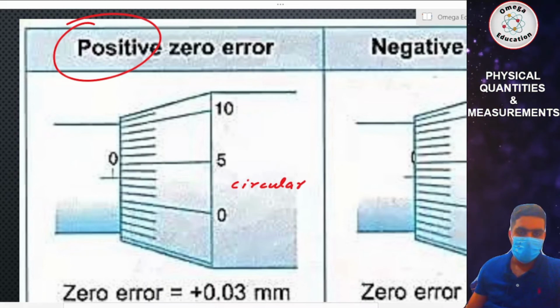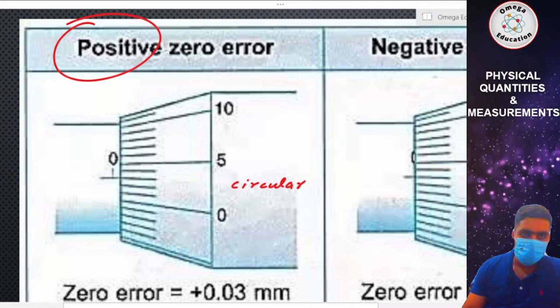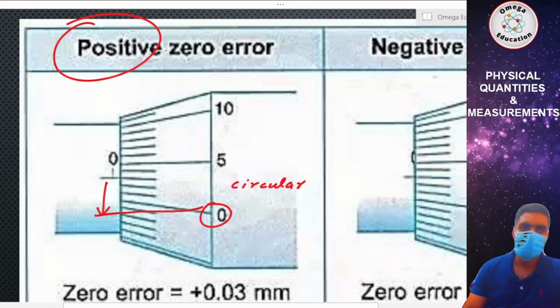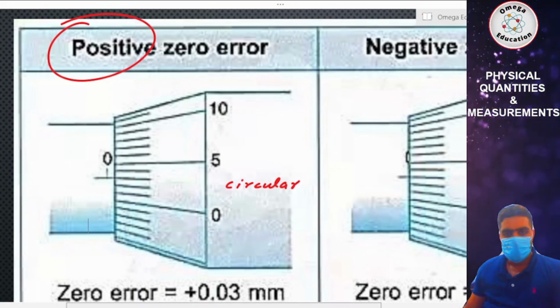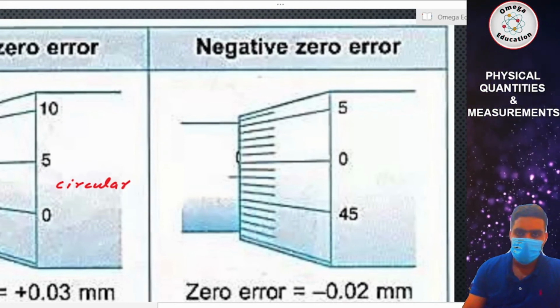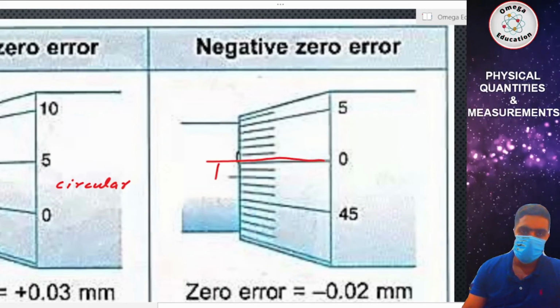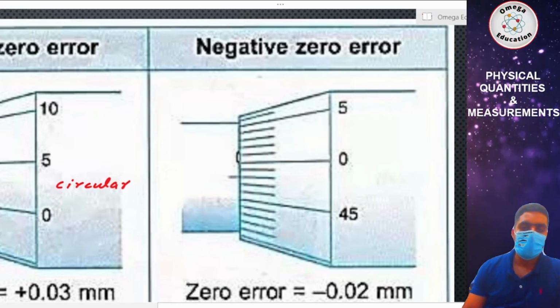Like in this case, the zero error is positive, because the zero of the circular scale is below the zero of the main scale. The other case is negative zero error. If the zero line of the circular scale is above the zero of the main scale, then that is negative zero error.